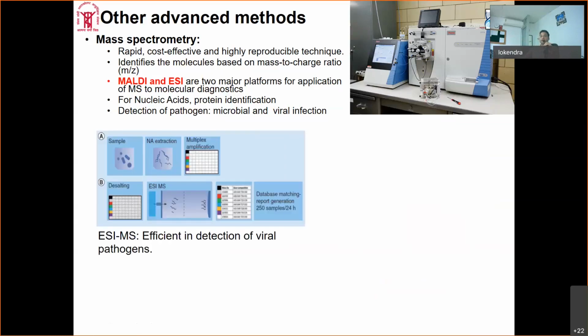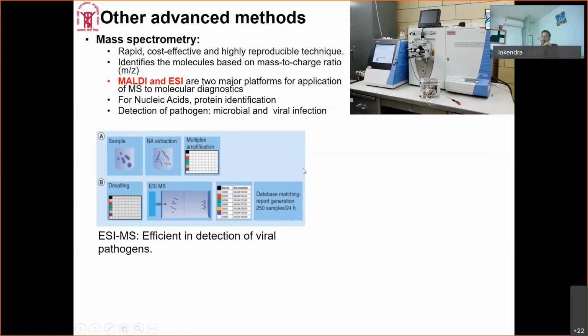So this is identifying nucleic acid or protein. These are the processes done outside the mass spectrometry instrument. You take the samples, isolate the nucleic acid, and then do a multiplex amplification like a normal PCR, in which you have a probe or specific fluorescently labeled dNTPs, which makes the overall reaction quite fluorescent.